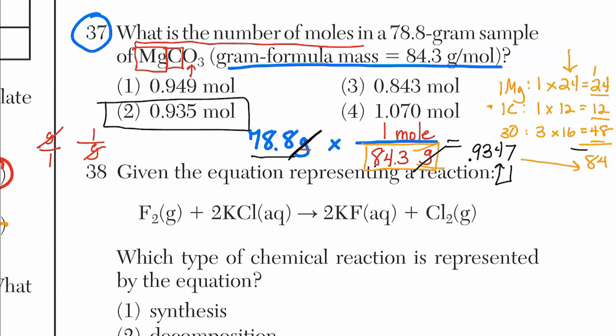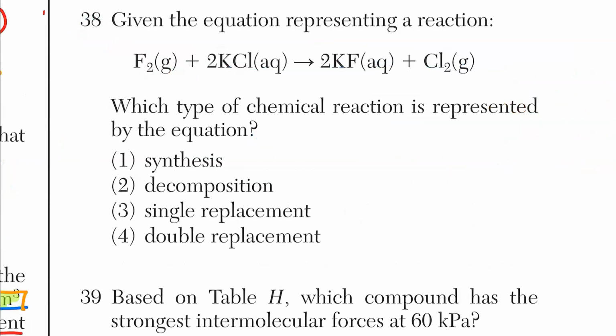On to number 38. Given the equation represented below, which type of chemical reaction is represented by the equation? Well, my friends in chemistry, I see an F2 bonded to itself. So it's the same element, it's diatomic, it's one of those Hofbrinkel, that's the mnemonic to remember who is diatomic.